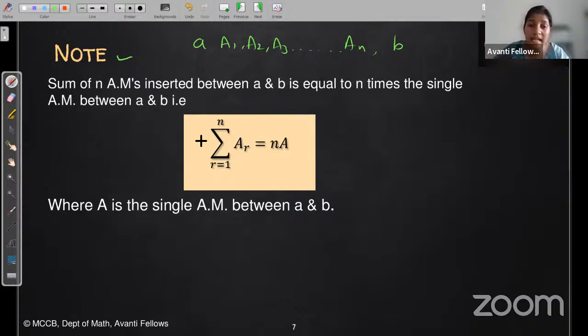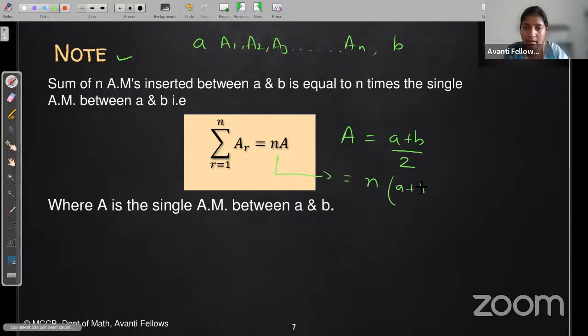The sum of those n arithmetic means will be equal to n into A, where capital A represents the single arithmetic mean between A and B, that is A plus B divided by 2. So the sum of all this can be written as n into A plus B divided by 2.